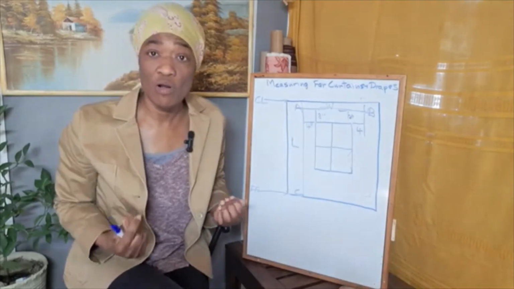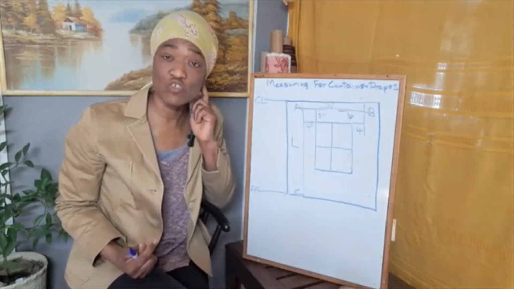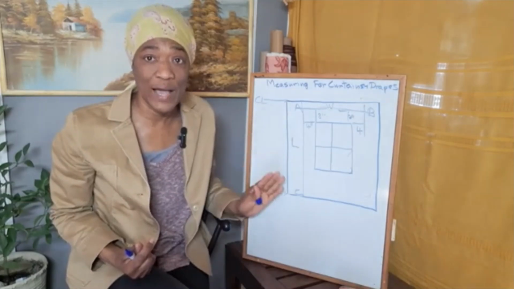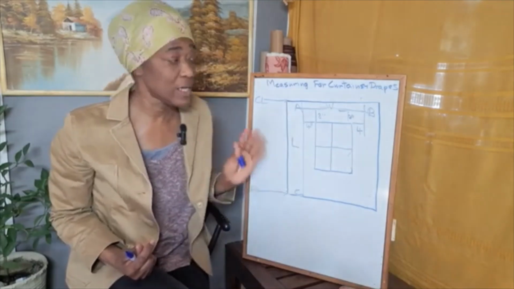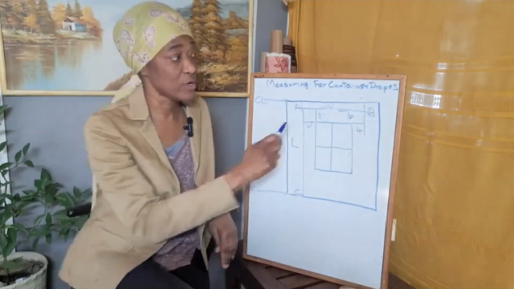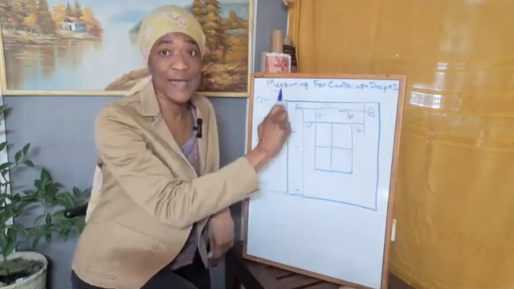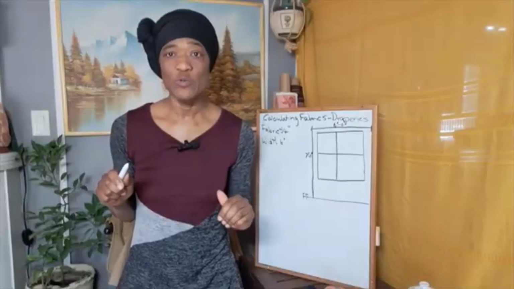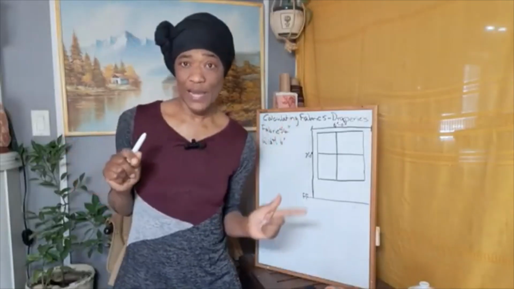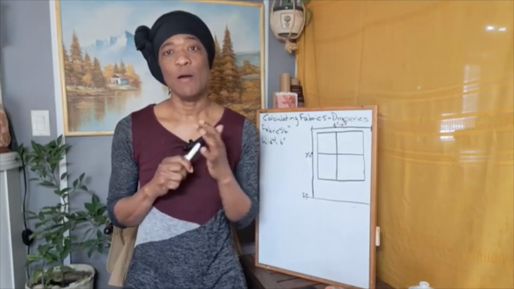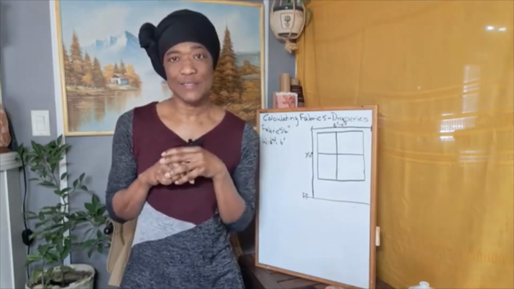Now for our curtains and draperies, these are the only two measurements that we need. They are pretty straightforward, across the top and down, width and length. We are going to use that width that you found and the length to calculate how much fabric you will need to make your curtains.